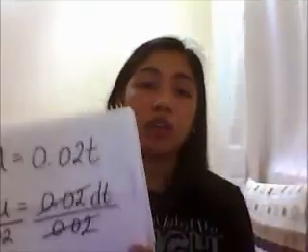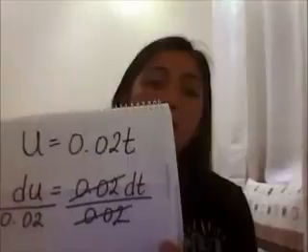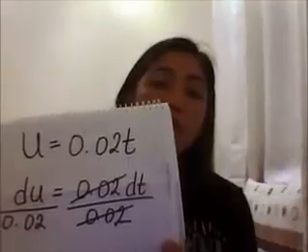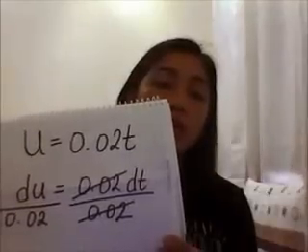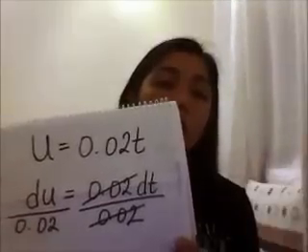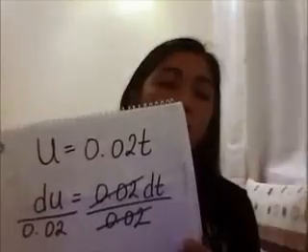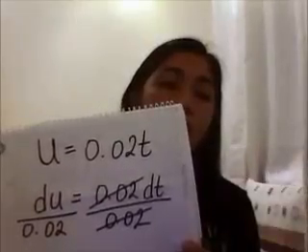From that equation, you will have to apply u substitution, in which case u is equal to 0.02t, and getting the derivative, du is equal to 0.02 dt. But then you will have to remove the variable, so you divide by 0.02, leading you to du over 0.02 equals dt.